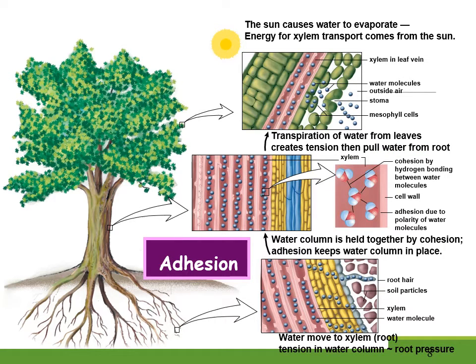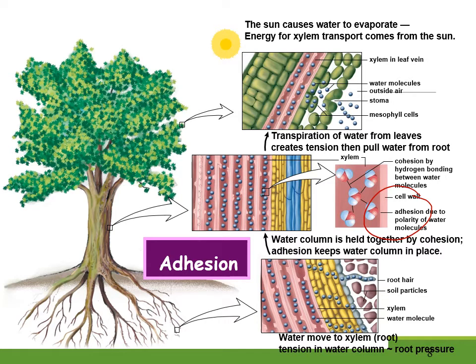While adhesion is the interaction between water molecules and the cell wall by the formation of hydrogen bonds. Adhesion forces also help the movement of water molecules through the cell wall due to their interaction with the hydrophilic cell walls.